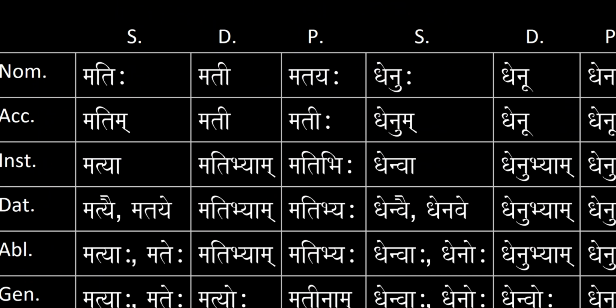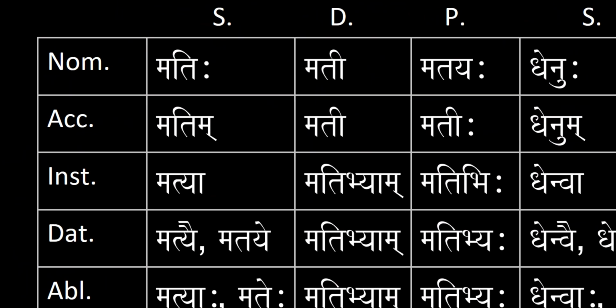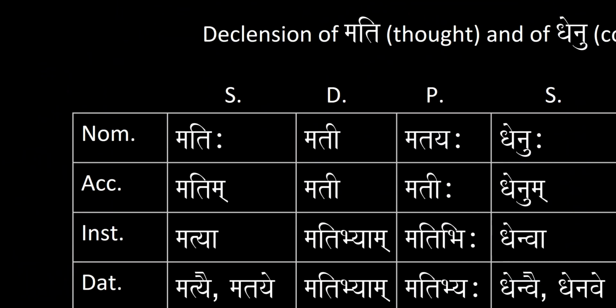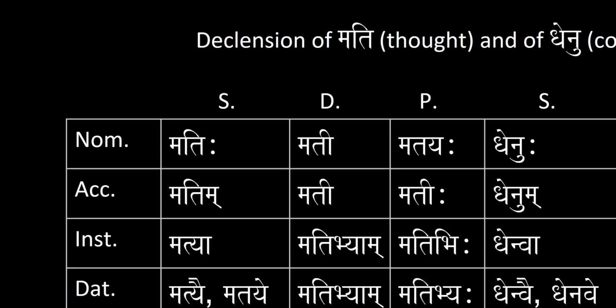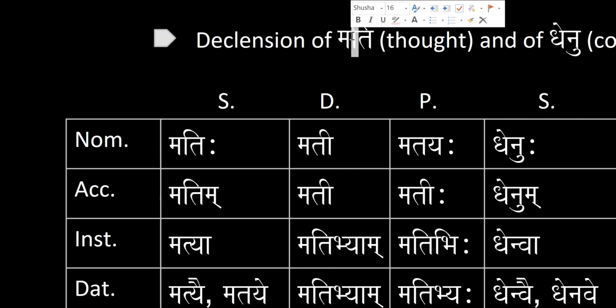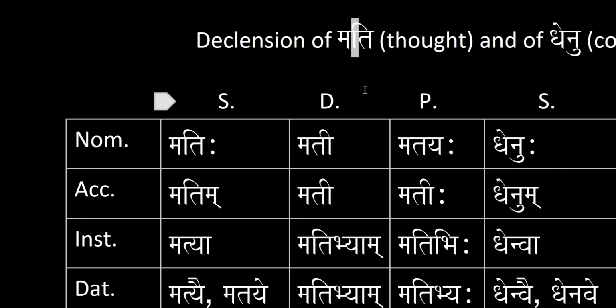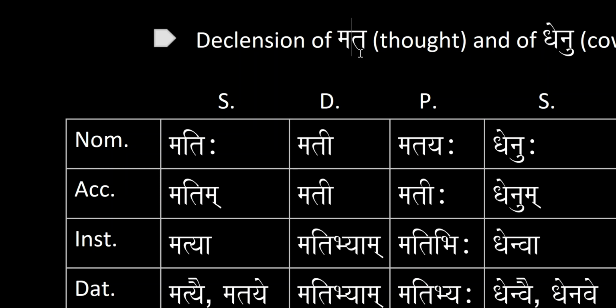And here is a declension for the nouns that end in I. So remember, what you want to do every time you're declining is remove the I vowel, and then see what is added on here.